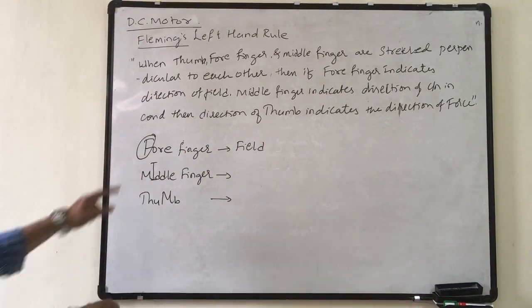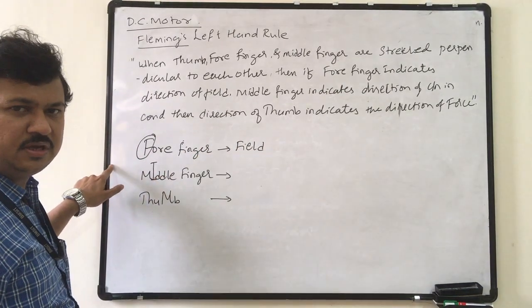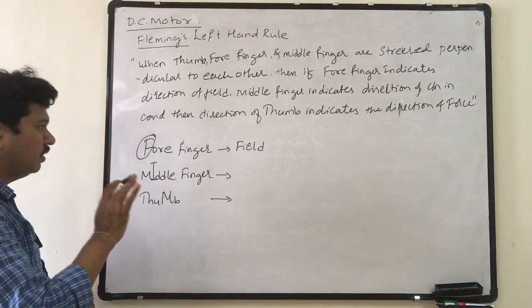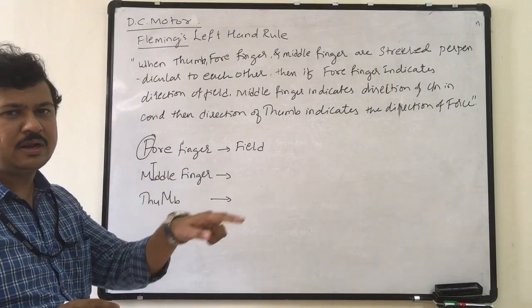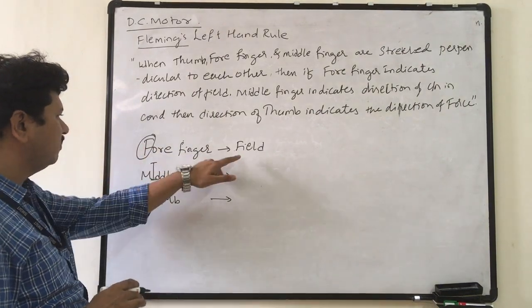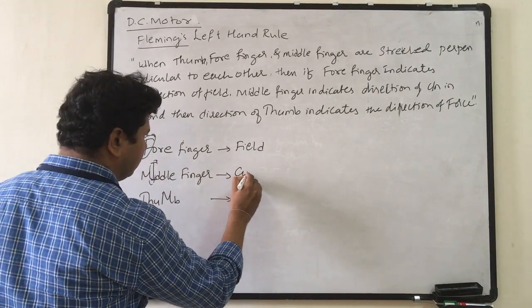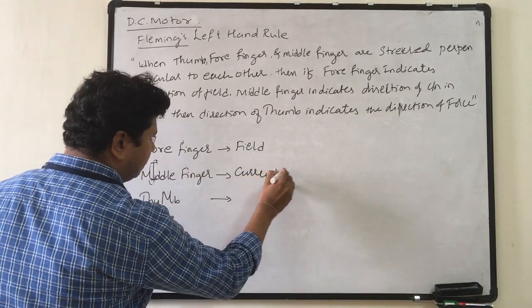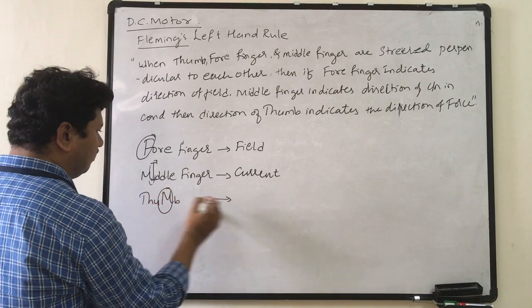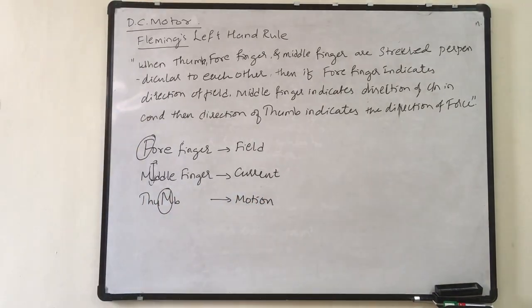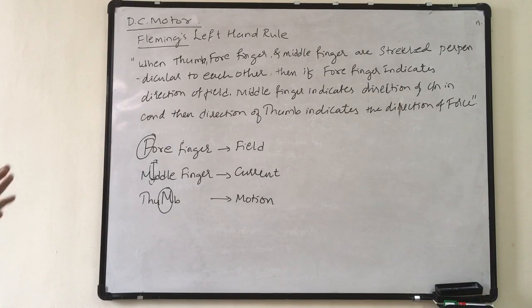F is field. Okay, this is to remember, not as per the statement. How to remember which finger is for which parameter? F, forefinger for field. Middle finger I, current. Thumb, M, motion. So this is true for the right hand rule as well as the left hand rule.